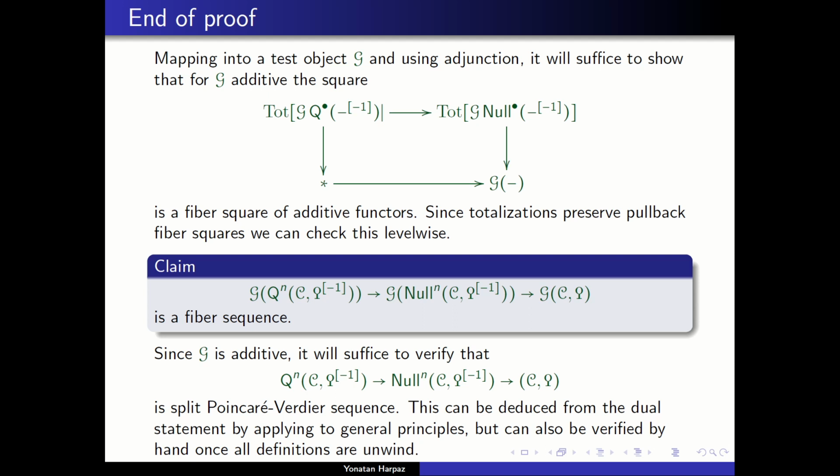But even without applying these general principles, these dual guys can also be sufficiently unwound so that all these Poincaré infinity categories and functors become very explicit, and one can also just verify by hand that this is a split Poincaré-Verdier sequence.